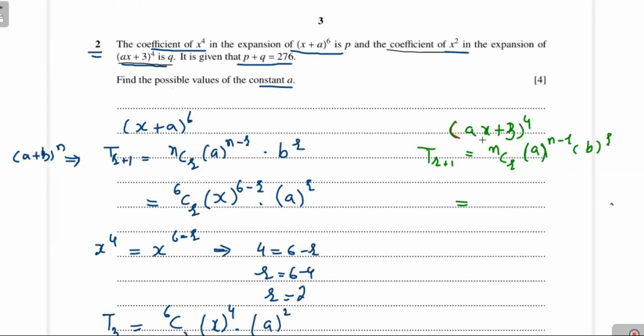The first term is ax. Now we write it as nCr, n is 4, so we write 4Cr into (ax) power 4 minus r into b, which is here 3. Now we write it as 3 power r, a power 4 minus r, into x power 4 minus r.